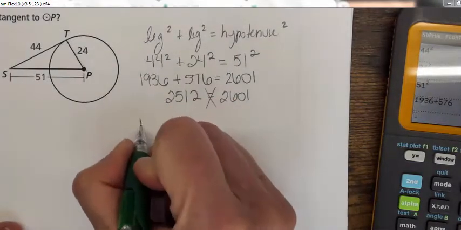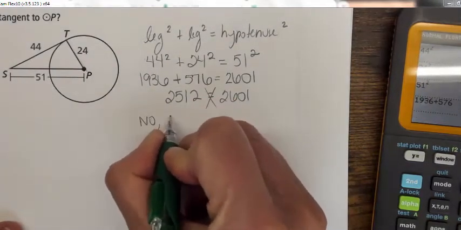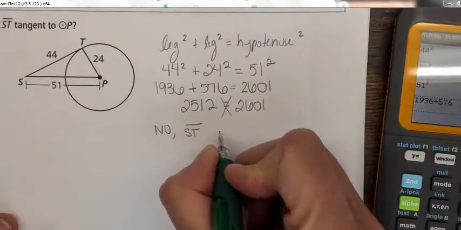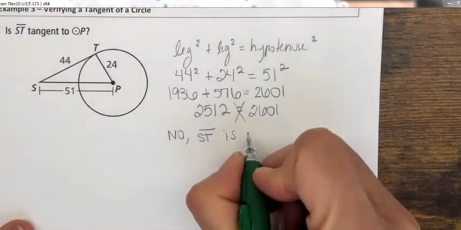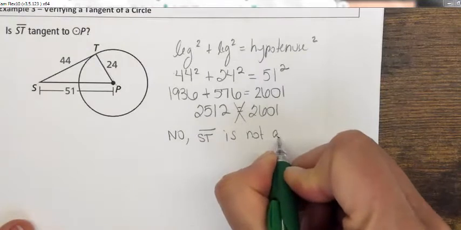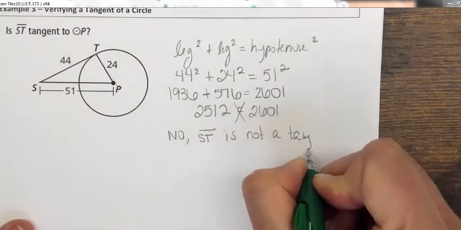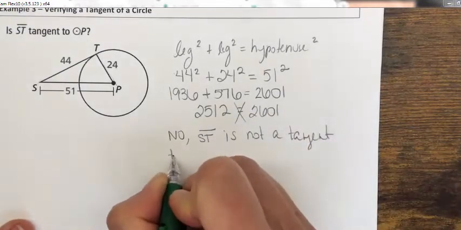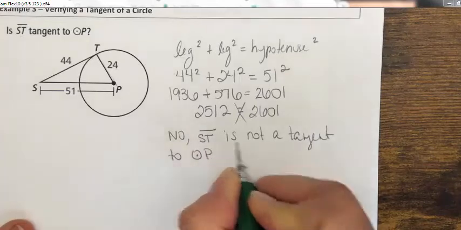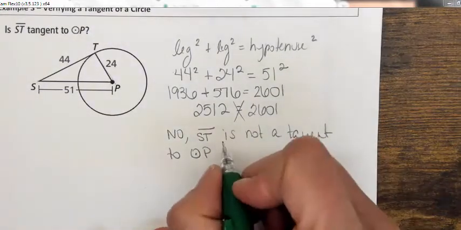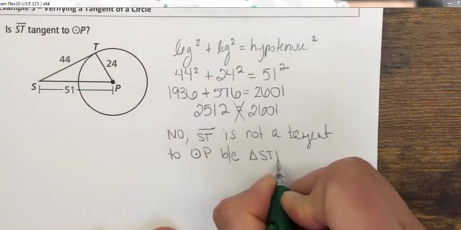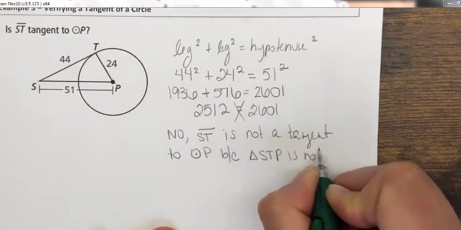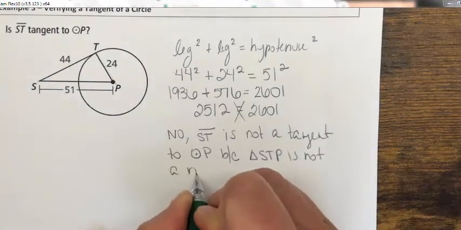So we'll say no, segment ST is not a tangent to circle P, because triangle STP is not a right triangle.